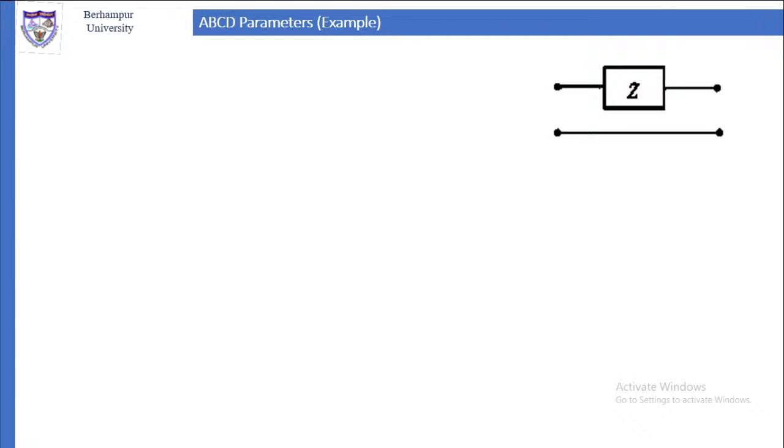So for this circuit we are going to find out the ABCD parameter. Now port 1 and port 2 in this case are open. Since port 1 and port 2 are open, I2 is equal to 0, I1 is equal to 0. If I2 is equal to 0, I1 is equal to 0, then V2 is equal to V1.